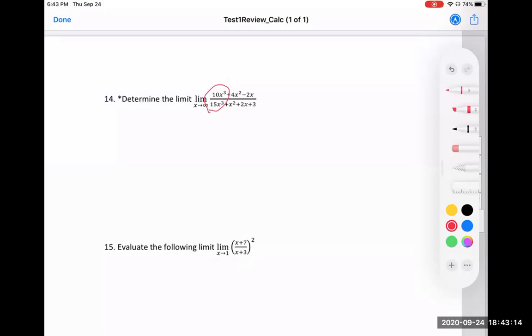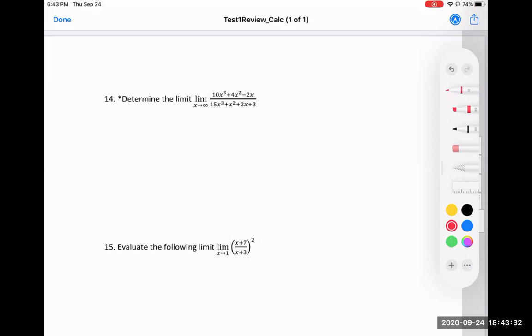Or we can use our trick, that same idea of a fraction equaling 0.